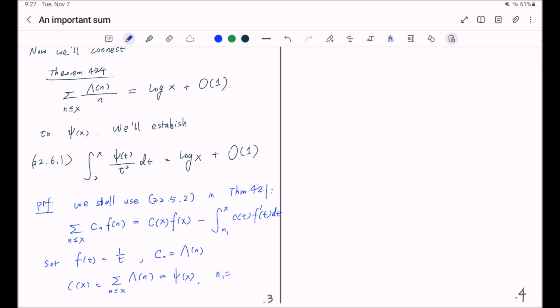And n1 is equal to 2. Actually, c of 1 is equal to lambda 1, which is by definition equal to 0. So these are the setups.